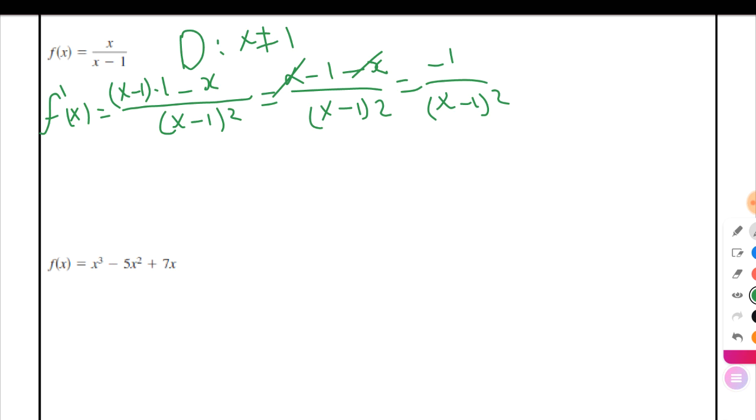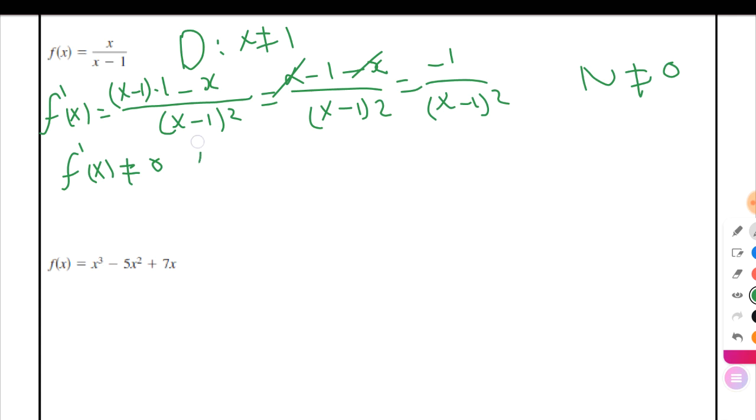Here, f prime of x is not equal to 0. Why? Because the first derivative equals 0 only if the numerator equals 0. Since the numerator is not equal to 0, the first derivative is not equal to 0.